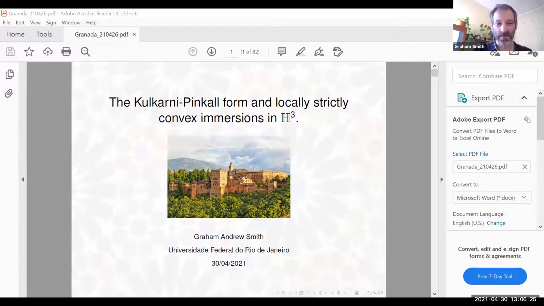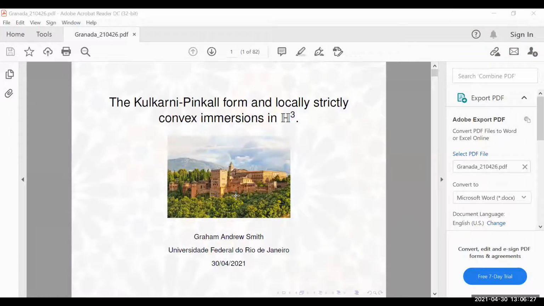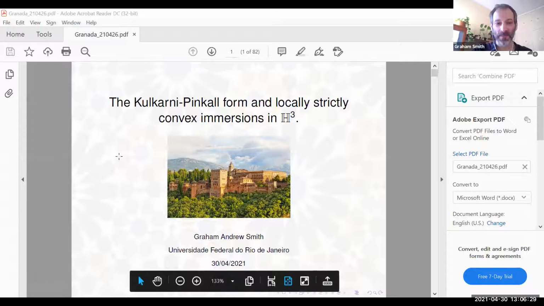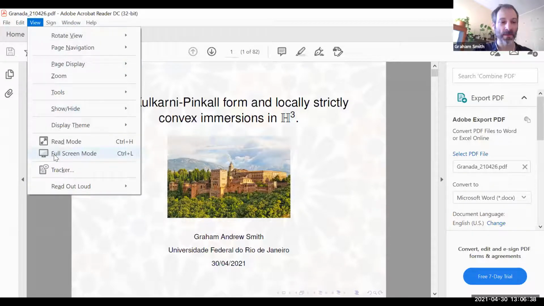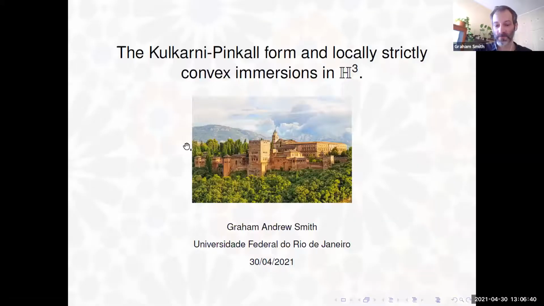You can see in my title page a lovely photo of the Alhambra, and behind it the Islamic geometric motif from inside the Alhambra. Now let's see if I can put this into full screen mode.